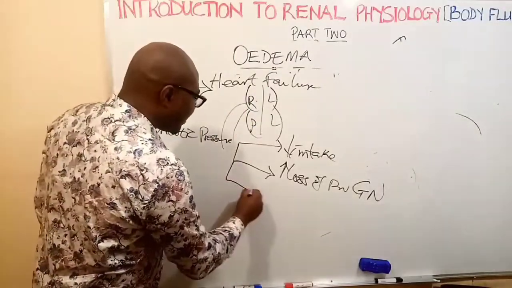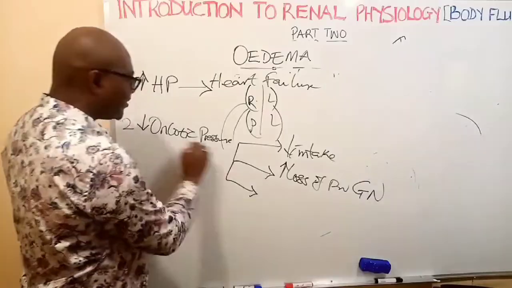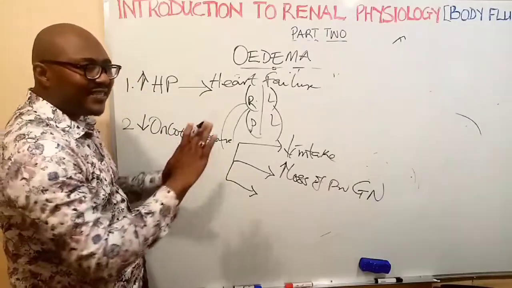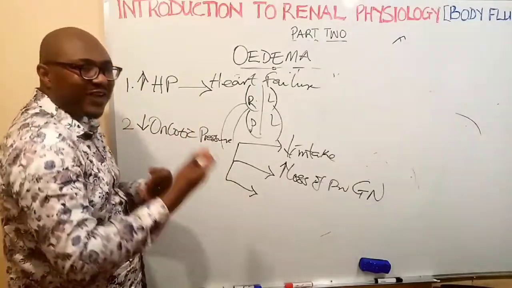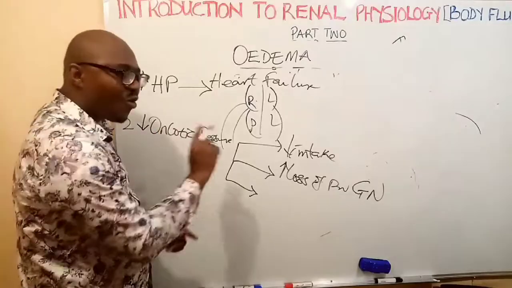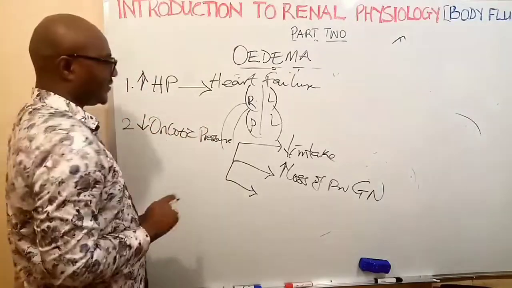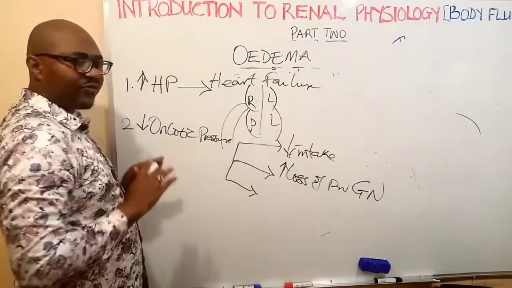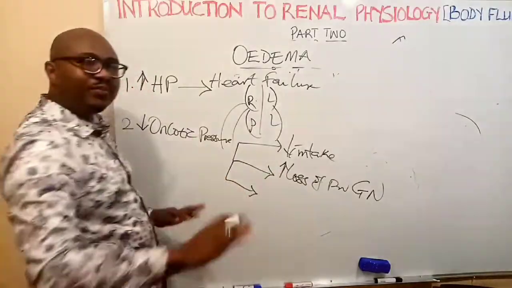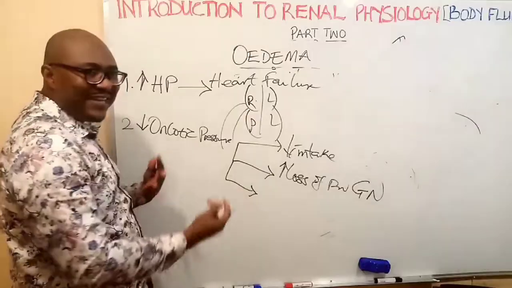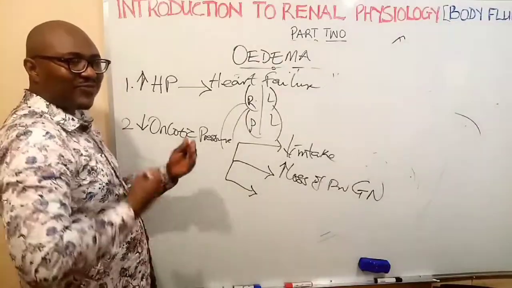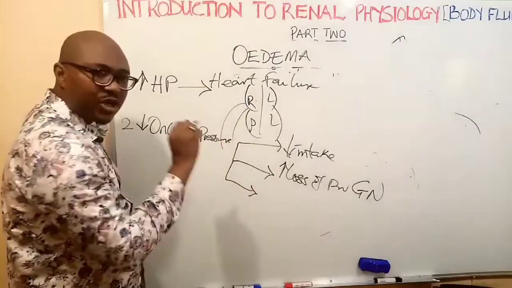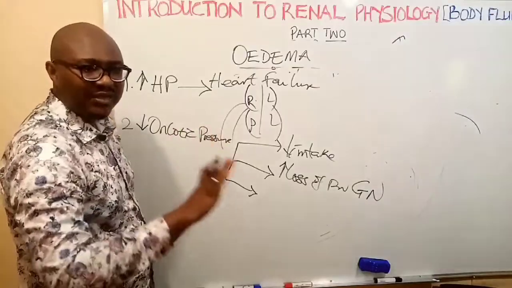Another one, the third one, from this oncotic pressure is decreased manufacturing or synthesis of plasma proteins. Okay, so you have taken in enough proteins, you are not losing proteins, but the liver is not manufacturing and synthesizing enough plasma proteins that you need.